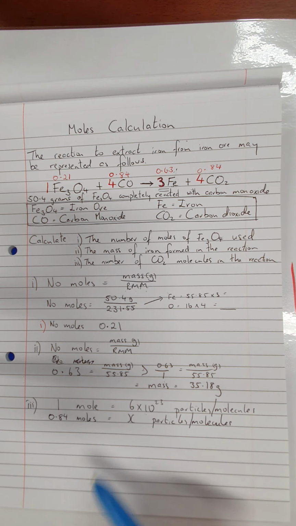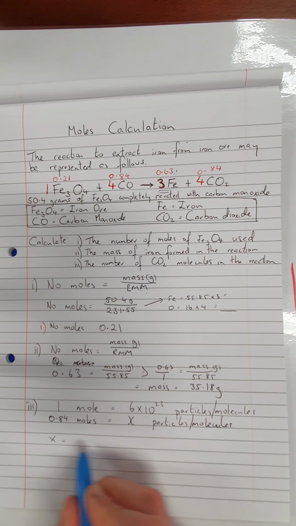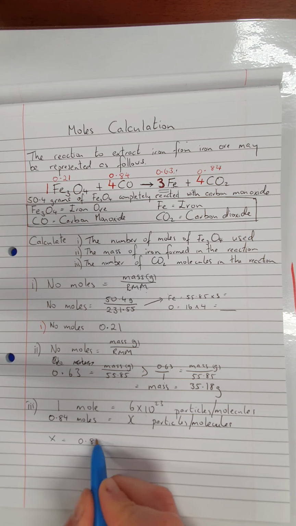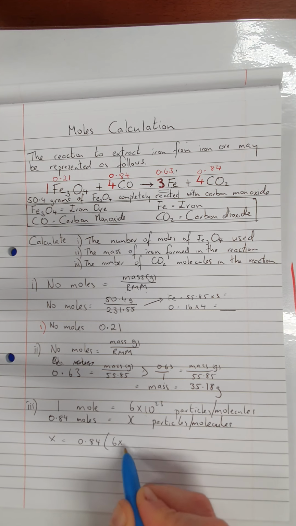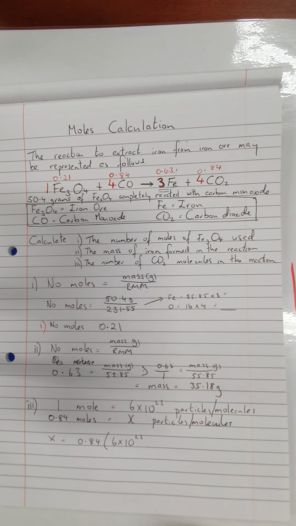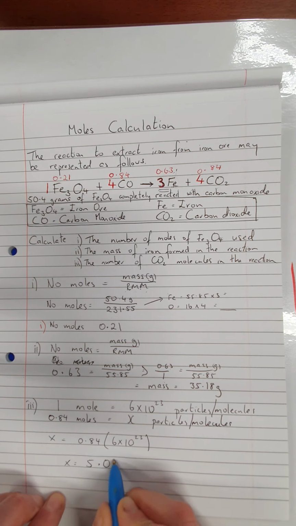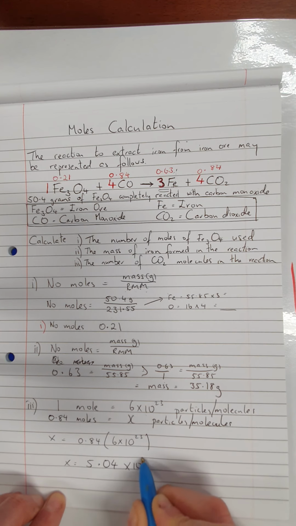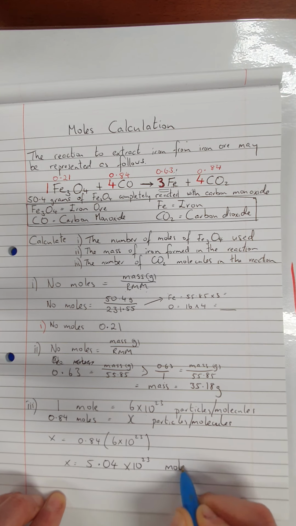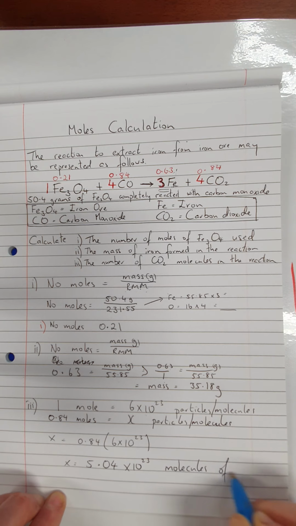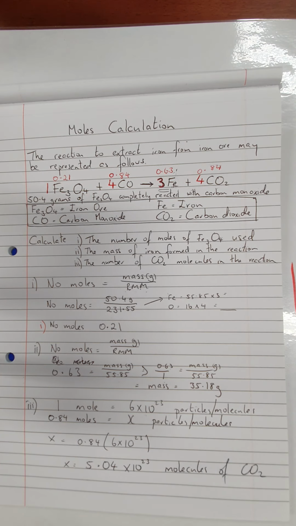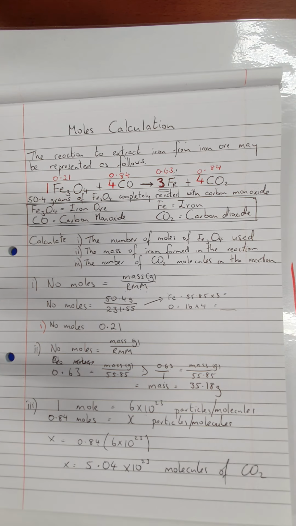So x times 1 would be x, and that equals 0.84 times 6 by 10 to the 23. Put that into your calculator, and x works out as 5.04 by 10 to the power of 23 molecules of CO2. So that's how many molecules I have in this reaction.